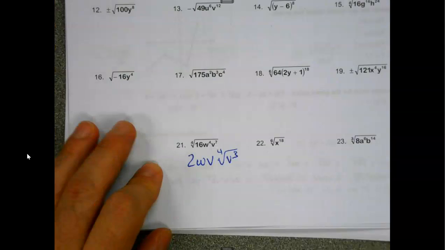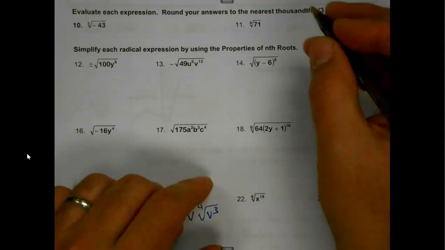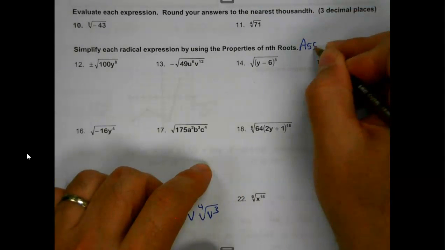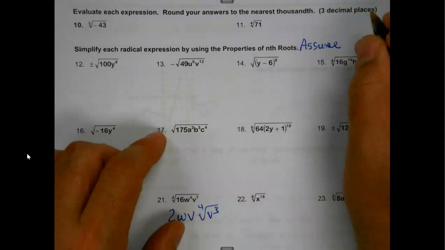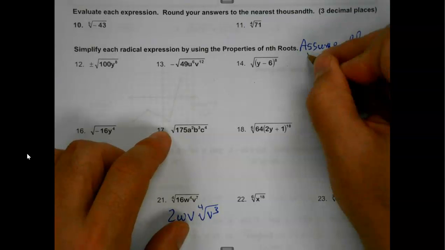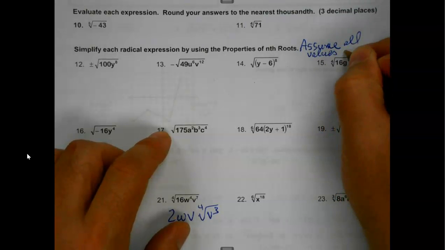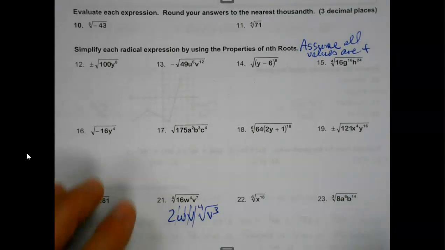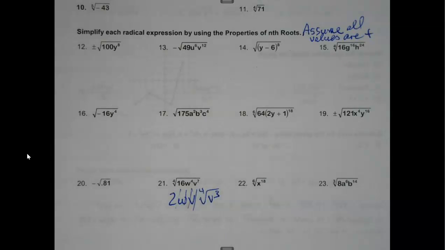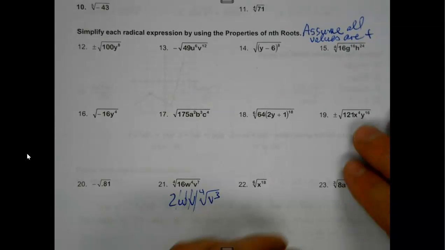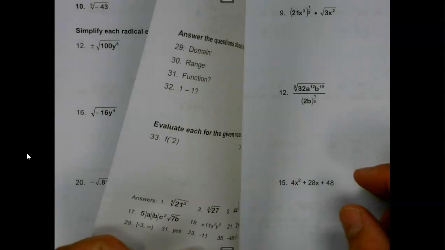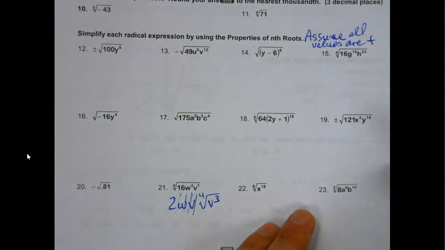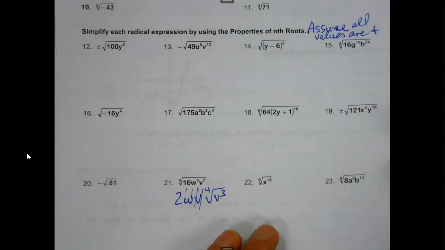Because again, you would have to see something technically mathematically that said assume all values are positive for you to not be putting absolute values on those whenever this is even. But again, I don't want to get you so stuck into the details of things that you're freaking out with this stuff.